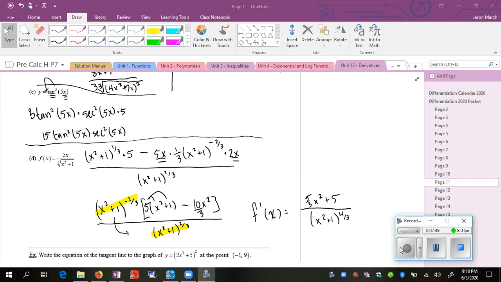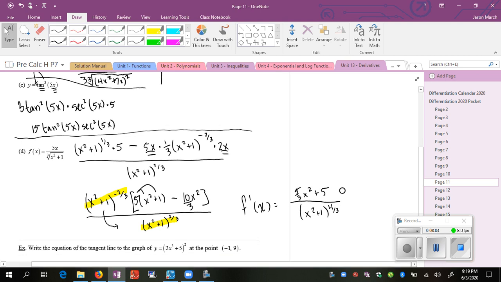So one thing I missed here was this 1/3. We have that being 10/3, which makes us 5/3. So we still have a problem here with this being a complex fraction. An easy way to clean that up is to multiply the top and bottom by 3 so that I don't have a fraction in the numerator.